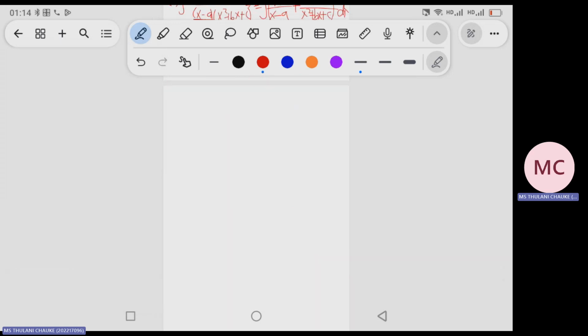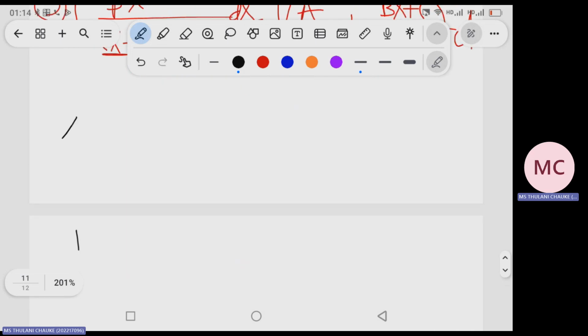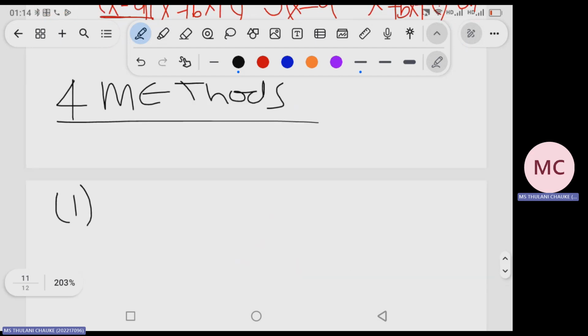Now, an example. I'll start with the case whereby you have, so there are 4 cases, 4 methods. The first one is when you've got linear factors.